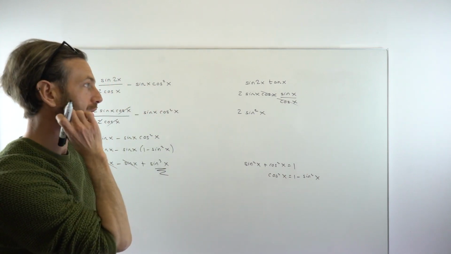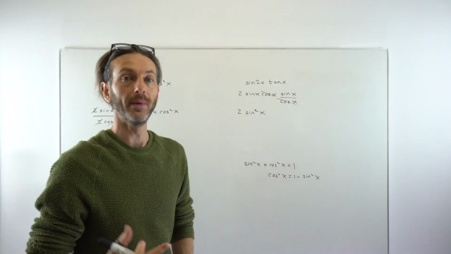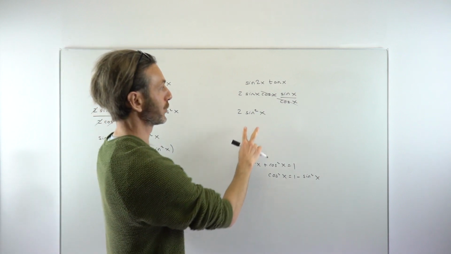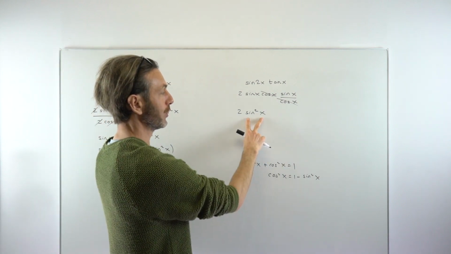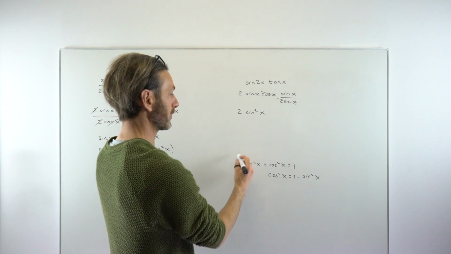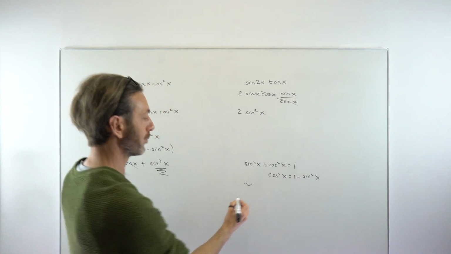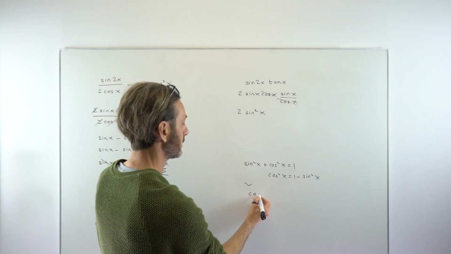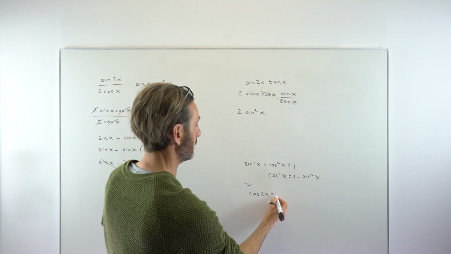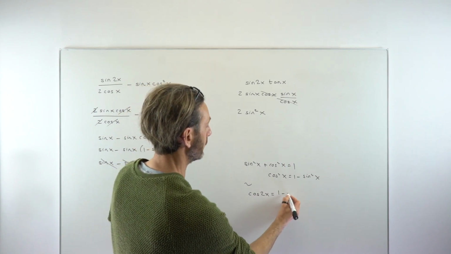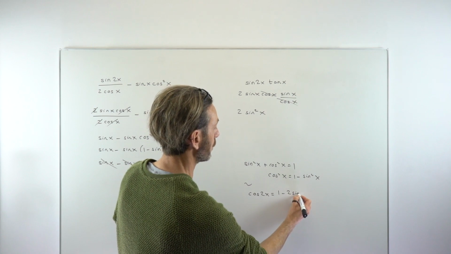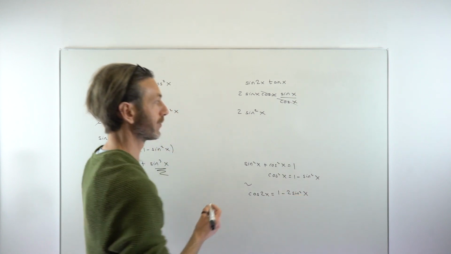This one is a little bit more difficult to finish off. We were trying to get to 1 minus cos 2x. So different ways you could finish this one off, but on the formula sheet, one of the formulas for cos 2x says that cos 2x is equal to 1 minus 2 sine squared x. Now this one is on the formula sheet.